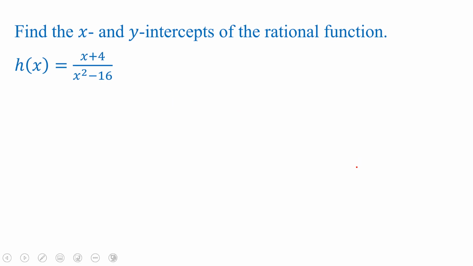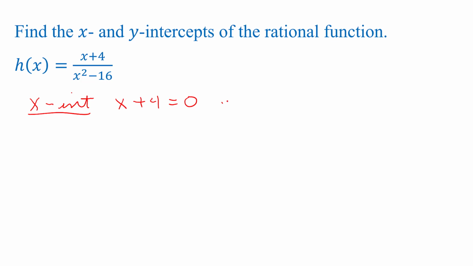Now we have the function h of x equals (x plus 4) over (x squared minus 16). Let's see what the x-intercepts here would be. Setting y equal to 0, we'd have 0 equals (x plus 4) over (x squared minus 16). The only way that h of x would be equal to 0 would be if the numerator of x plus 4 is equal to 0.